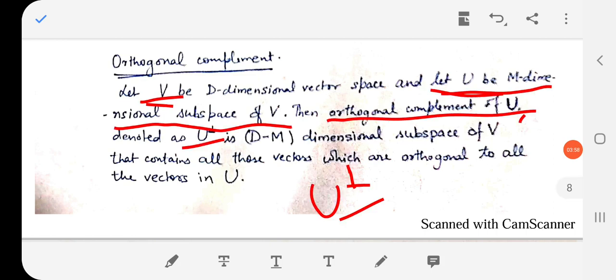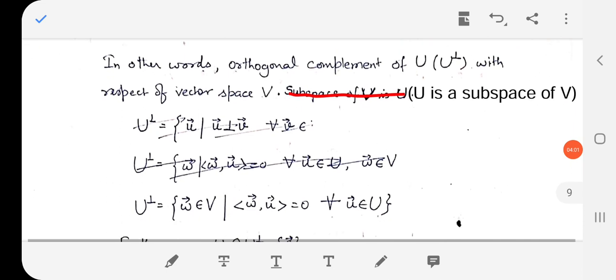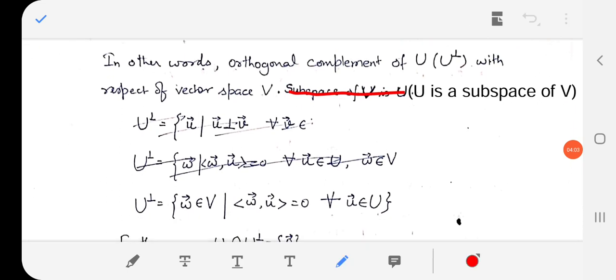Now moving ahead, the definition of orthogonal complement is this one: U is a subspace of V, and U orthogonal, or U perpendicular, is also a subspace of V, wherein every element of U orthogonal has to be orthogonal to every element of U, and that's how we define the U orthogonal or U perpendicular subspace.